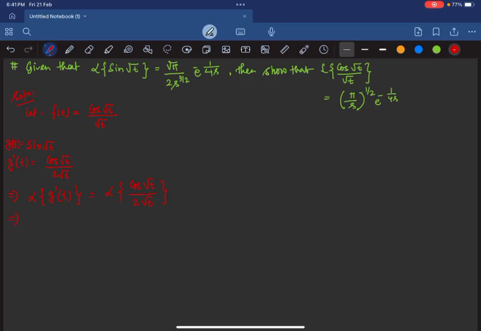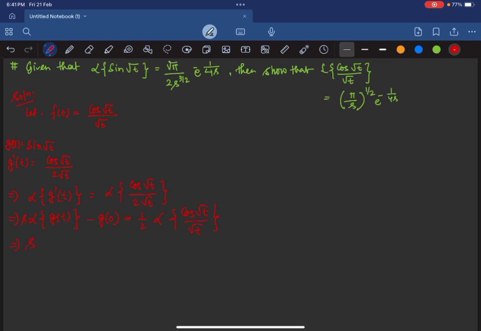It is an application of that previous understanding. So here we can apply that formula, that is s Laplace of g(t) minus g(0), equals 1 by 2 Laplace of cos root t by root t.